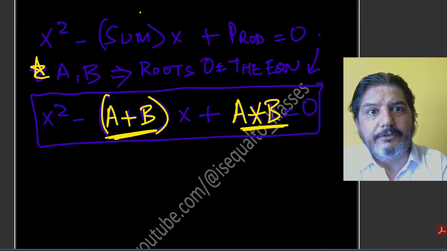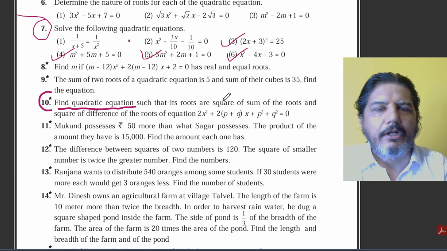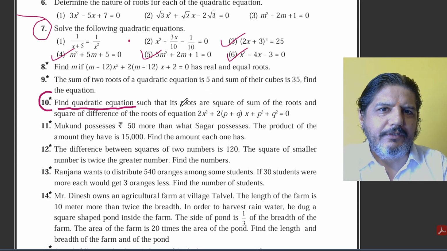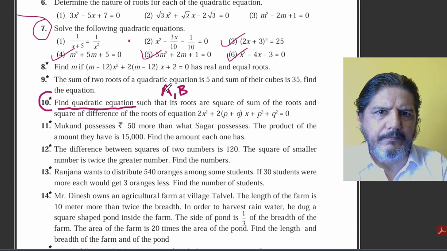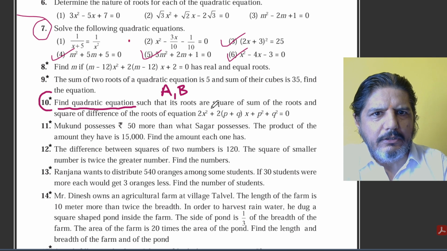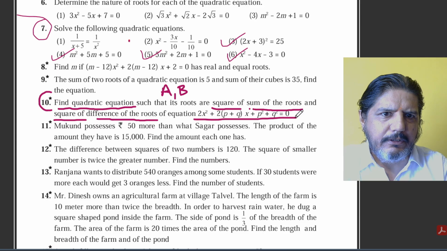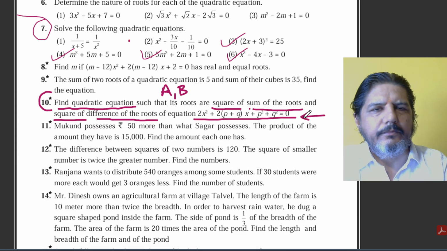Now let's look at those conditions; maybe we'll have to reread this twice or thrice to understand. Such that its roots, which we have assumed to be capital A and capital B, are the square of the sum of the roots and the square of the difference of the roots of the given equation.